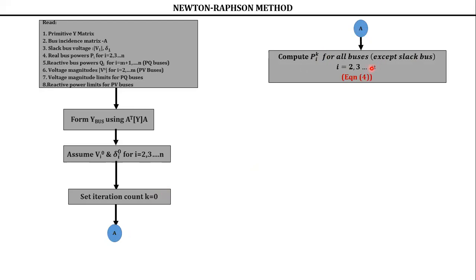Because for PQ buses, P and Q you have to evaluate, and for PV buses you have to evaluate P only, not Q. So the P value is to be evaluated for both PQ buses as well as PV buses. That means you have to evaluate the real power equation for all the buses except the slack bus. That is the meaning I have given, so i is varied from 2, 3, ..., n, because 1 is your slack bus.